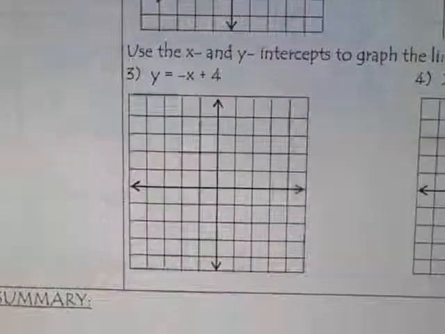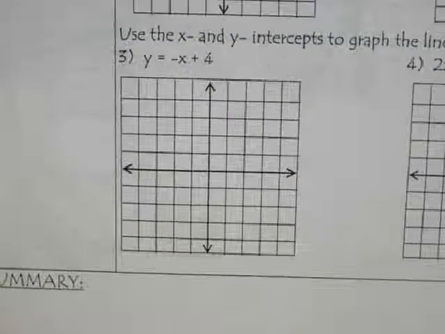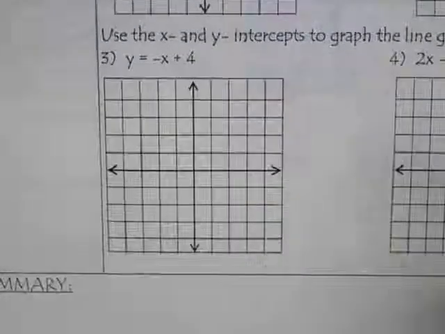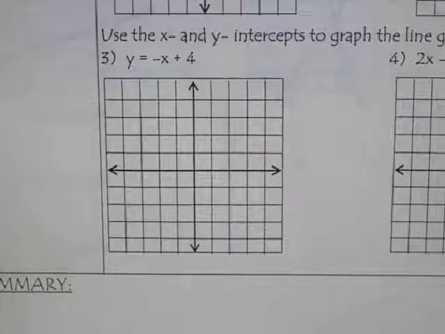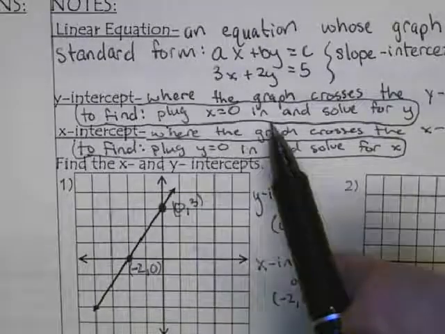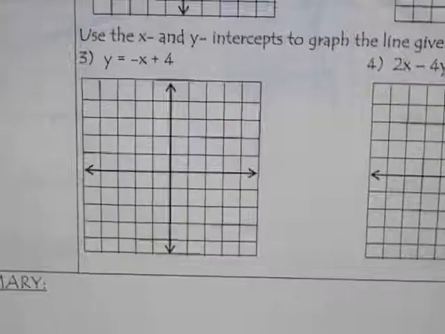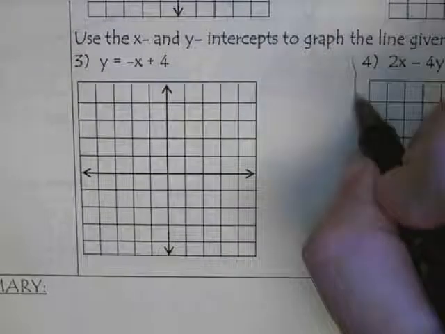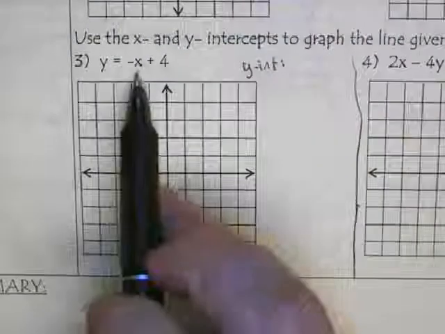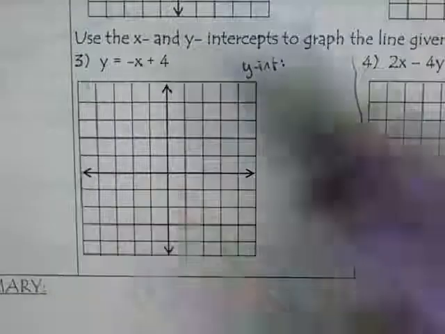Now what we're going to do is actually graph by first finding the x and y-intercept, plotting those 2 points, and then connecting the dots. To find a y-intercept, we will plug x equals 0 in and solve for y. So let's find our y-intercept for number 3. I'm going to plug x equals 0 in for x and solve for y.